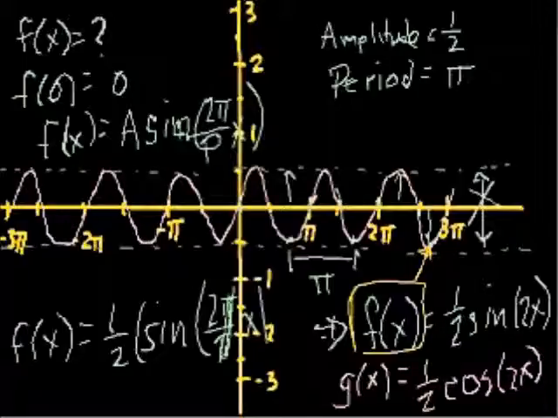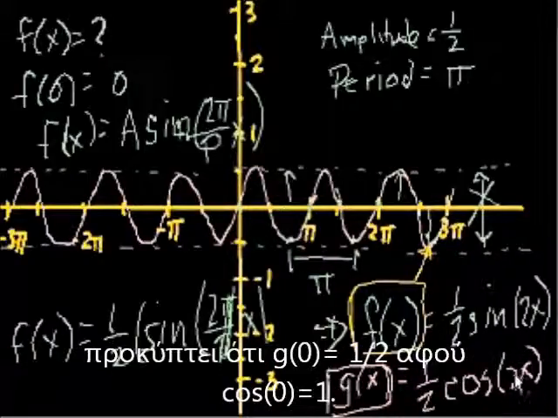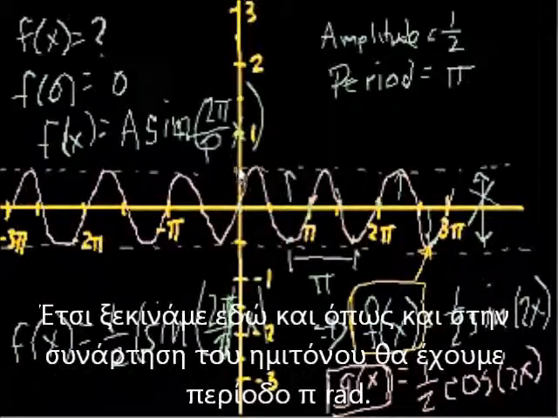And now g of x. When x is 0, what is g of 0? Let's put 0 in here, so this whole term becomes 0. What's cosine of 0? It's 1. And 1 times 1/2, so g of 0 is 1/2. So we would start here.